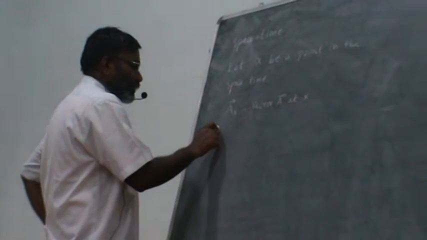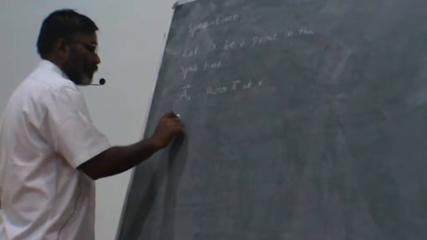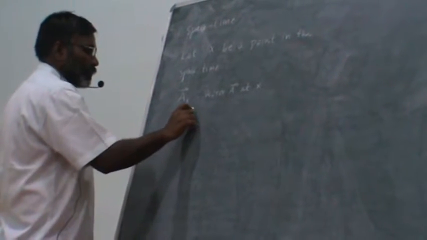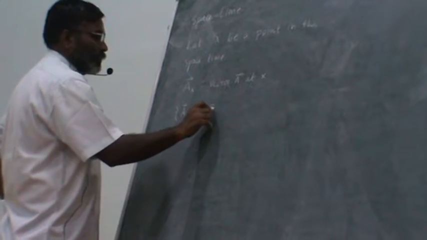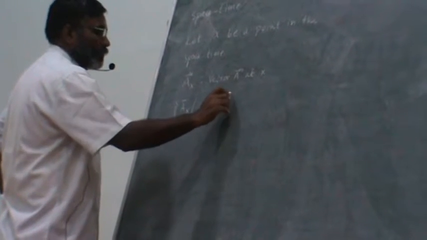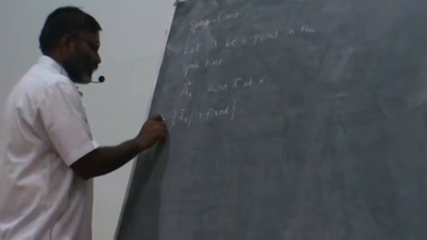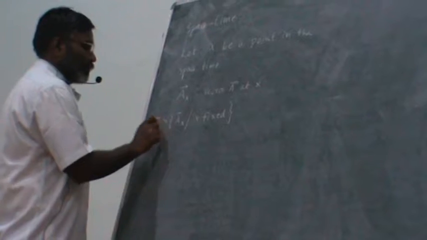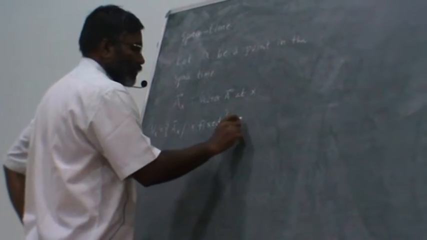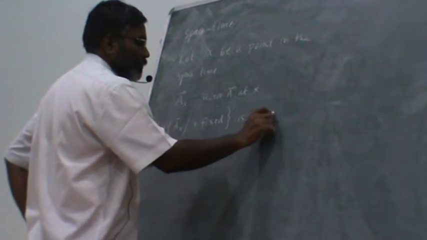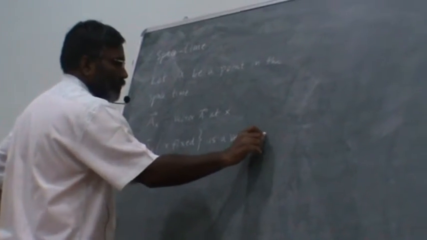Then the set of all such vectors, with x fixed, will form a vector space which we can call Vx. It is a vector space, and this vector space is different at different points.